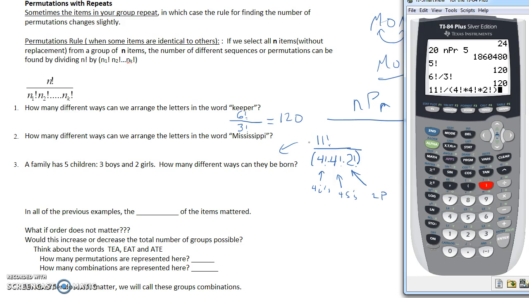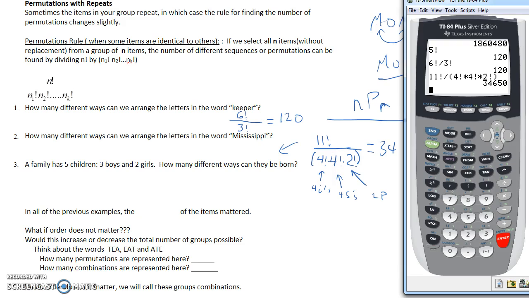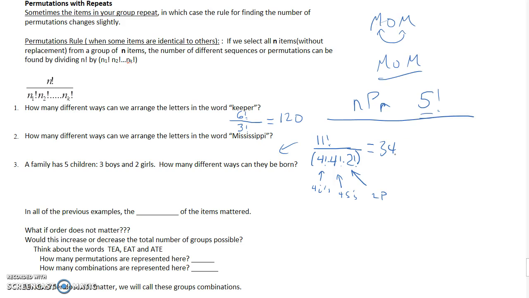And I just double check to make sure that looks like it should. Again, you need these parentheses or else it will just divide the first 2 terms, and you want all these to be multiplied up. And when you calculate that, 34,650 different arrangements of the word Mississippi.